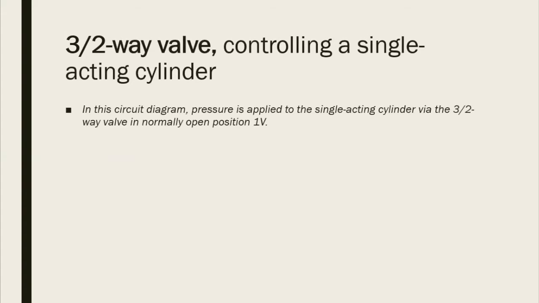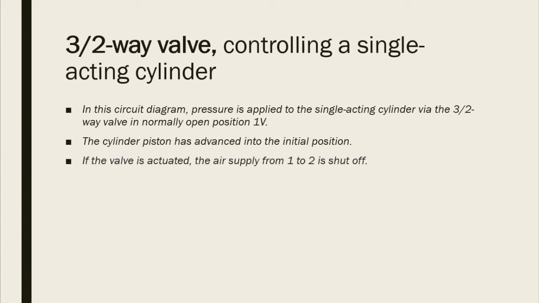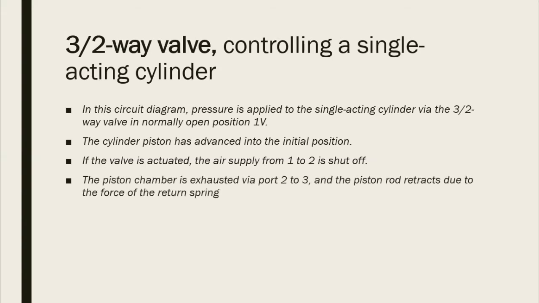In this circuit diagram, pressure is applied to the single acting cylinder via the three two-way valve in normally open position 1V. The cylinder piston has advanced into the initial position if the valve is actuated. The air supply from 1 to 2 is shut off. The piston chamber is exhausted by port 2 to 3 and the piston rod retracts due to the force of the return spring.